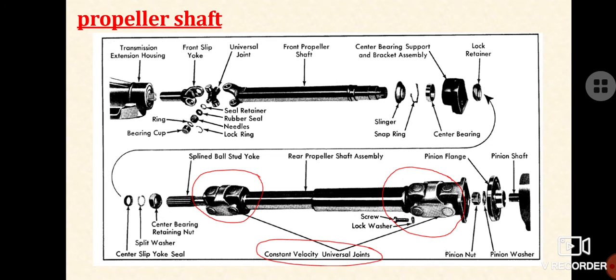Generally, about the shaft, we have to mention that to cope with the difference in line with the level of gearbox output shaft and differential input pinion shaft, the propeller shaft has to operate at varied lengths and varied angles.